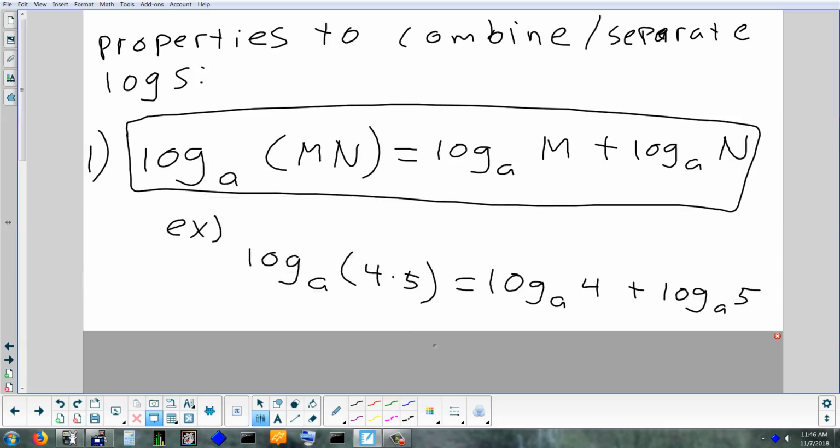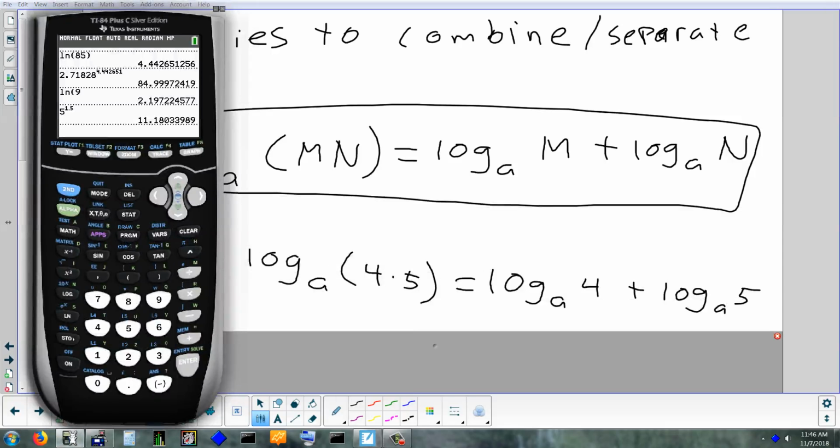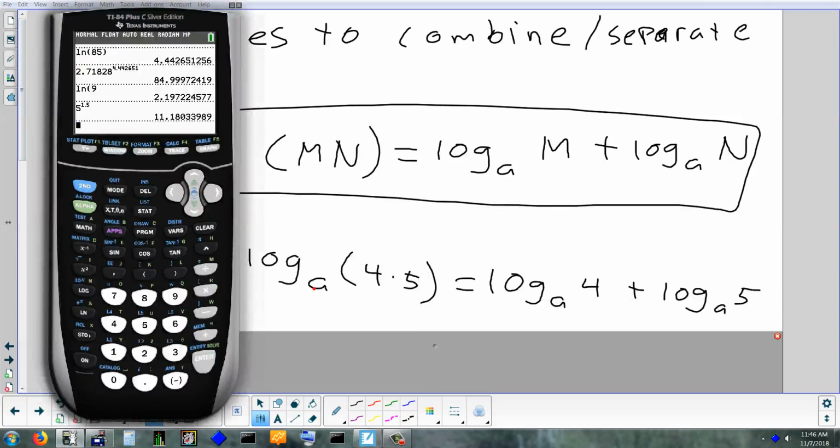That's an example using numbers. If I had log base a of 4 times 5, I could write that as log base a of 4 plus log base a of 5. Now, I'll show you how that works out, and I'll pretend that I'm going to use base 10. I'm going to do this with a specific example. It'll be the common log. So let's do log of 4 times 5, which is just 20.